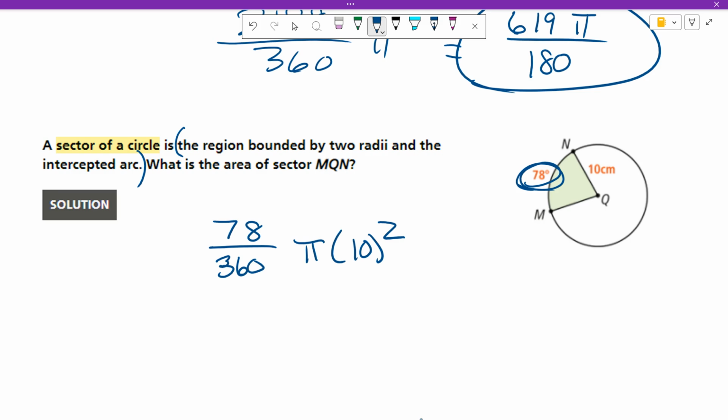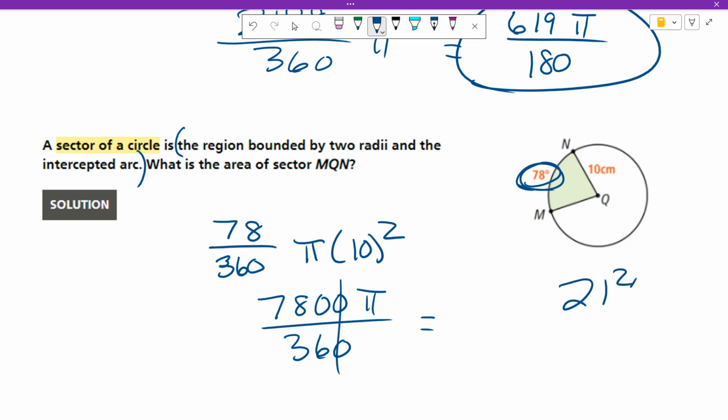So it's 7,800 pi over 360, which is 780 pi over 36. So take 780 over 36, reduce it, change it to an improper fraction, and what do we get? 21 and 2/3, which is the same as 65 pi over 3.